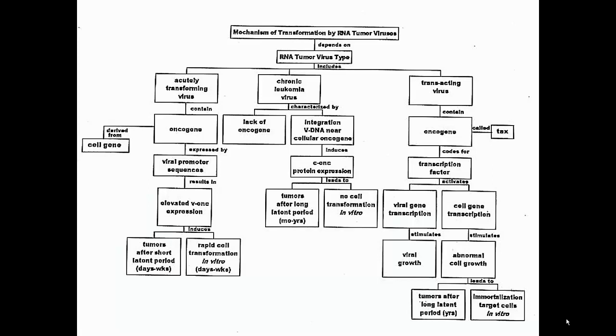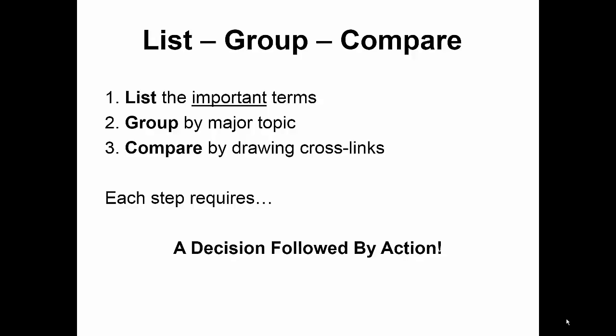Next, I want to give you an easy-to-remember slogan to keep in mind as you're mapping: list, group, and compare. When you are engrossed in your study, you will naturally be giving your attention to what you're learning. Medical school amounts to a steady stream of new information that you have to process efficiently.